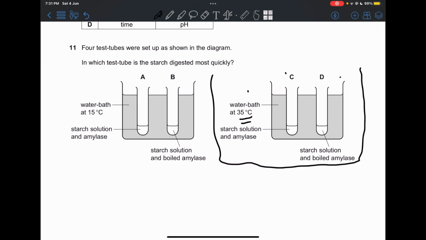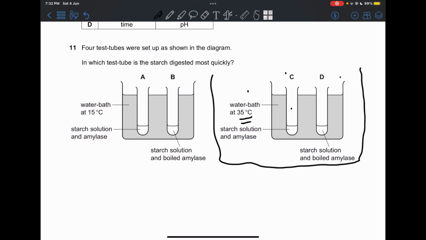Now over here in C, they're saying the starch solution and the amylase are present in this test tube. So so far so good. The water bath, which is the temperature, is at 35, which is near the optimum. The starch is present with amylase, so everything's good. Now let's check D. Starch solution and boiled amylase.